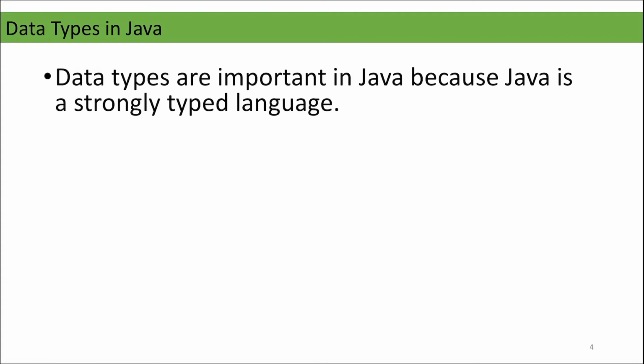So it has to specify the data type. If you don't do that, you will get a compiler error. Languages like Python, for example, don't care about the data type. It will be done dynamically, but again, it's not optimizing the memory.